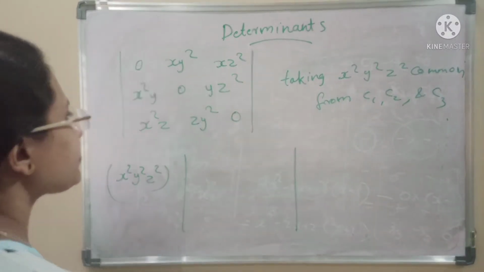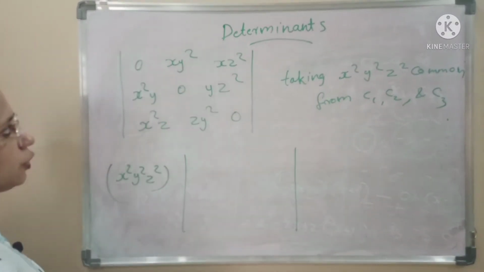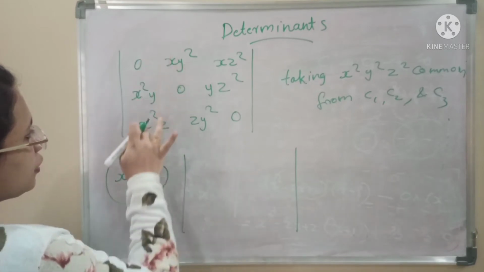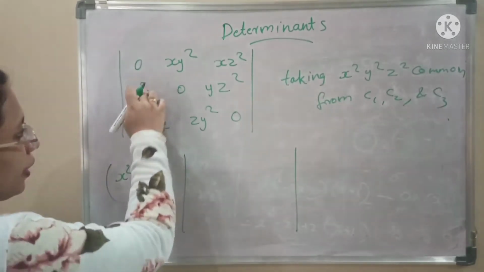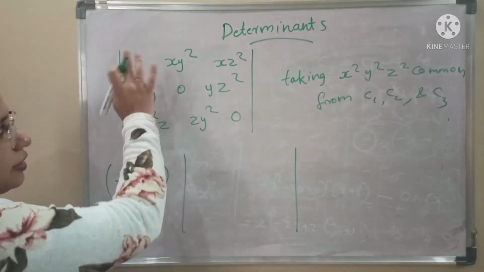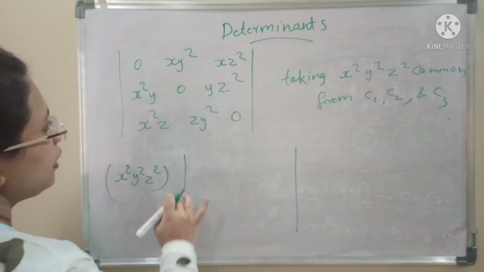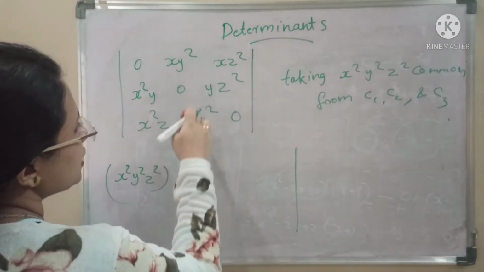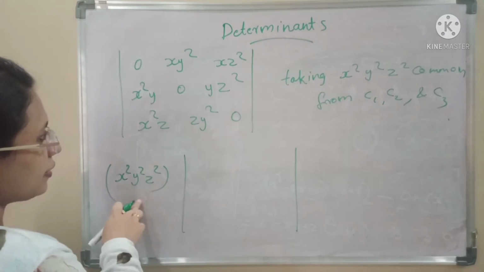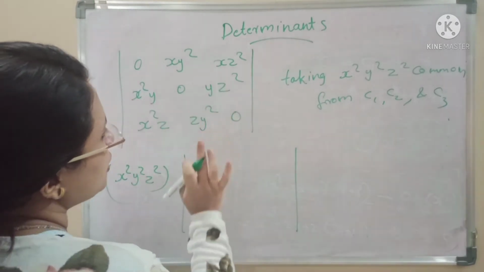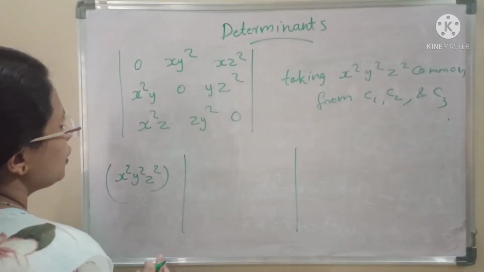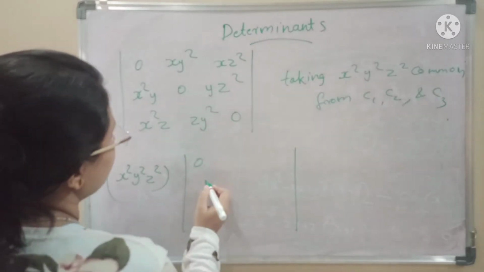You can see in column C1 x square is common, the 0 term no need to consider, in C2 y square is common, and in C3 z square is common.